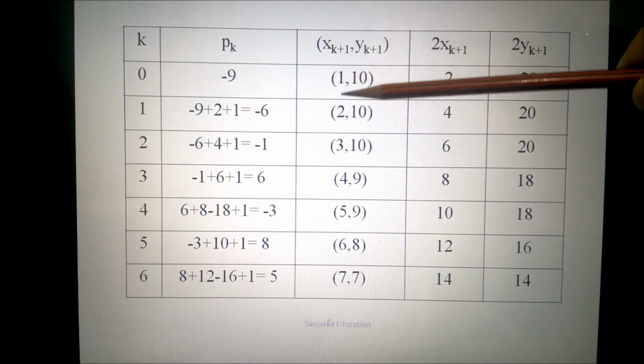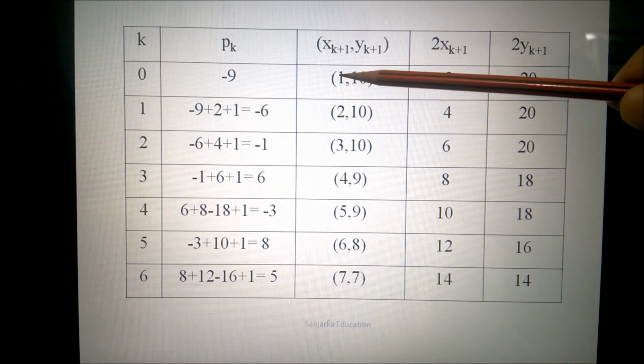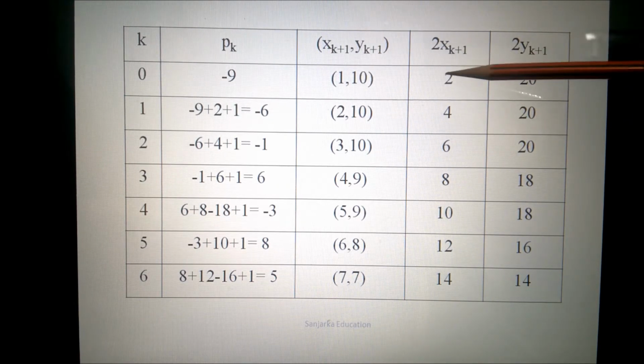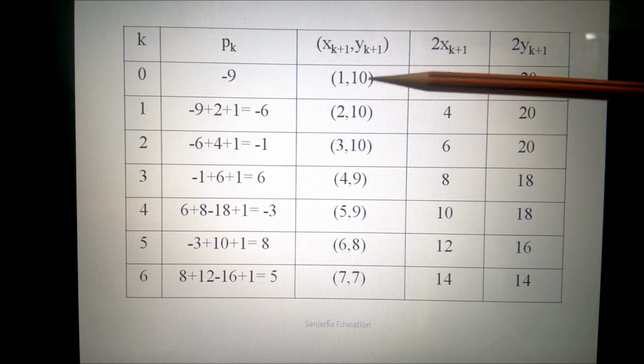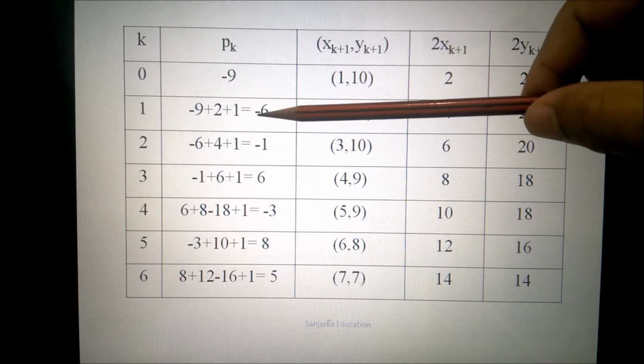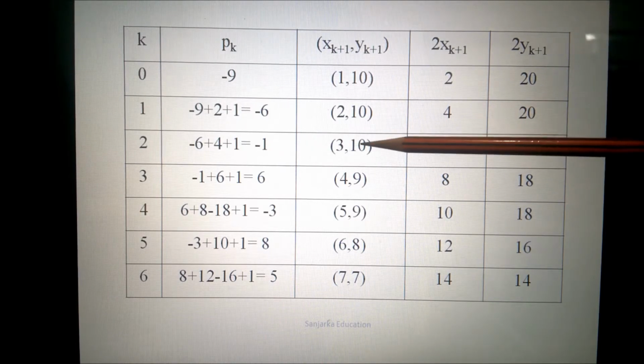But the x coordinate, at every step, will be incremented by 1. After finding that, I am adding these another two columns because these are required for finding the next decision parameter. This is the double of x, and this is the double of the y coordinate, which we can find very simply. Wherever the decision parameter is found to be negative, the y coordinate is not changing.